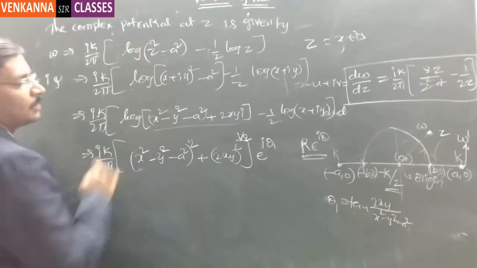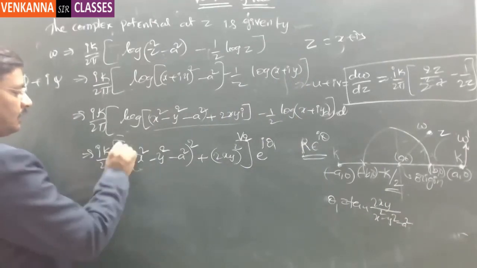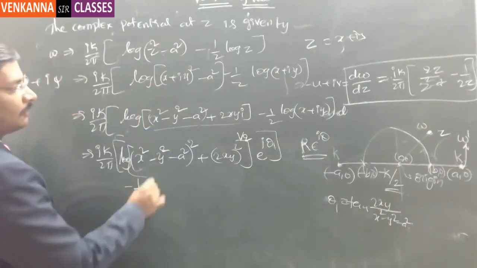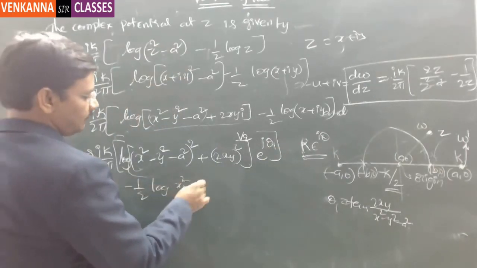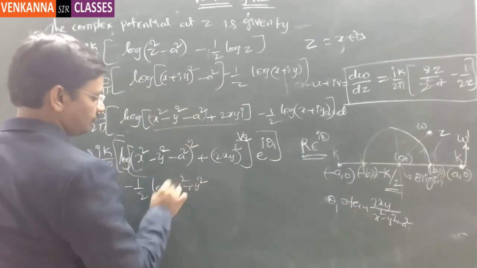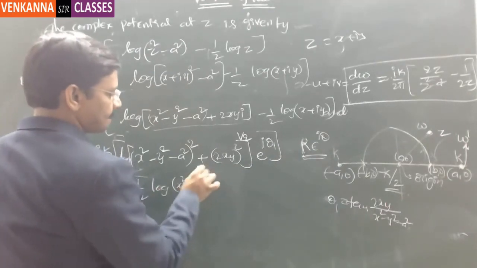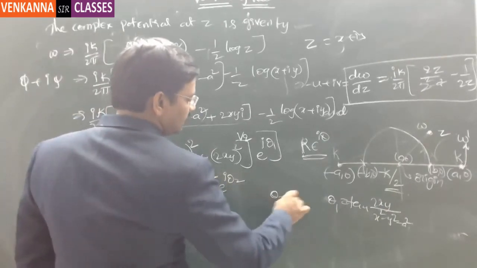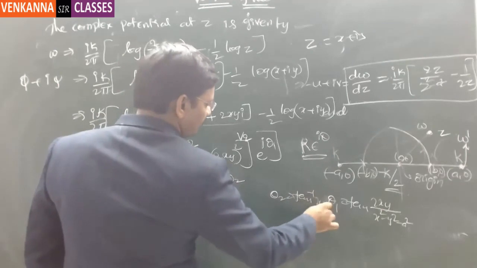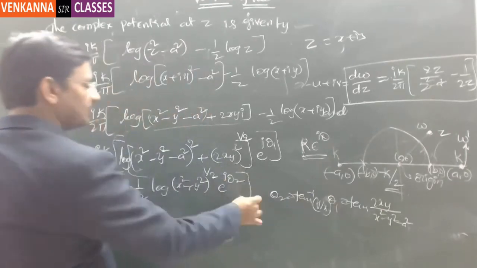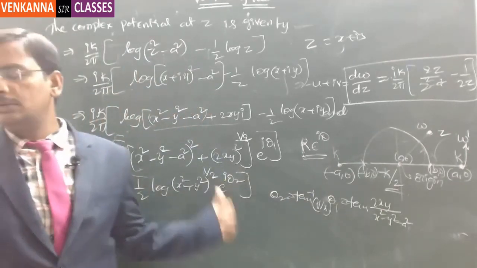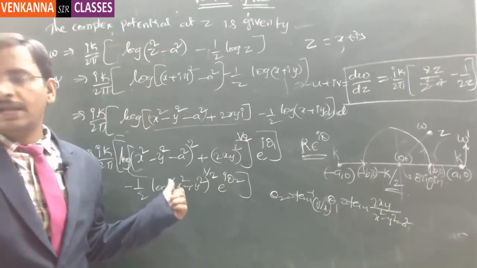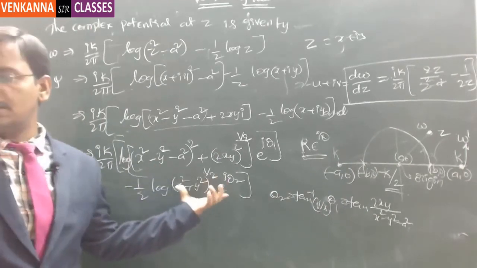So this is how you can put this one. And then minus half log of square root of x square plus y square, e power i theta 2, where theta 2 is equal to tan inverse of y by x. Why I am putting this format is that in this way I can get the real part and imaginary part separately.